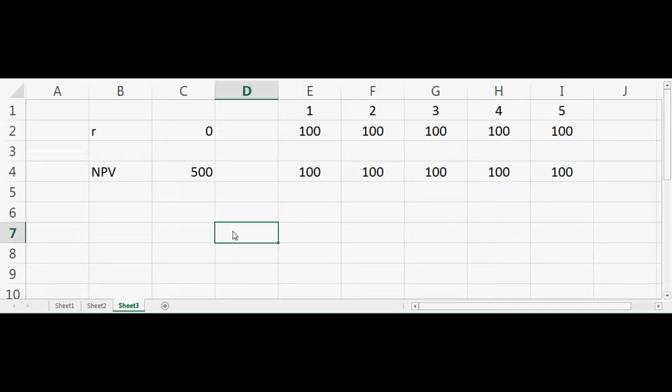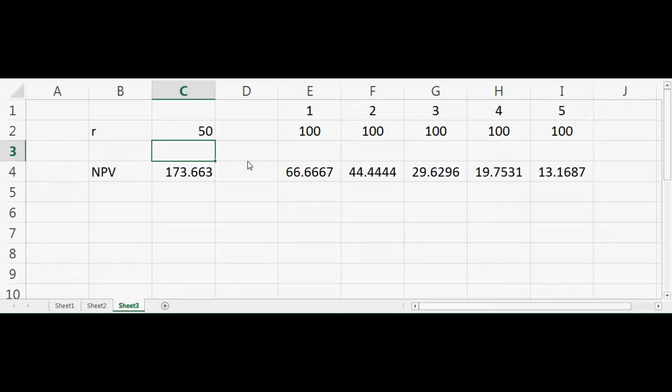Now again, if the interest rate is very high, then net present value will decrease, and if it's very low, then the net present value will increase. So the higher the interest rate, the better it is that your money comes to you earlier. If it comes late, then its value will decrease. However, if there is no interest rate, then it does not matter when the cash flow is coming.